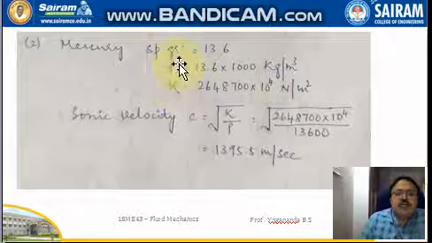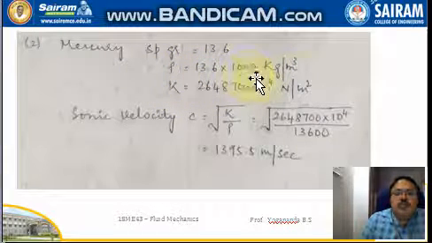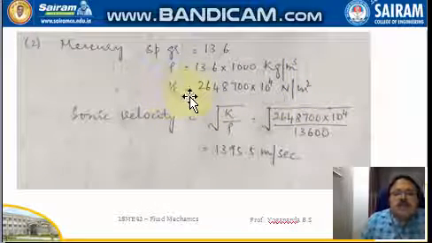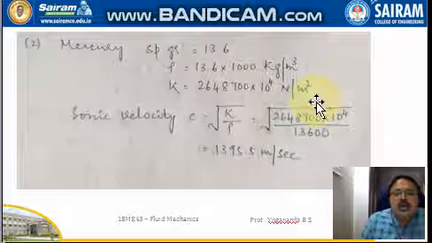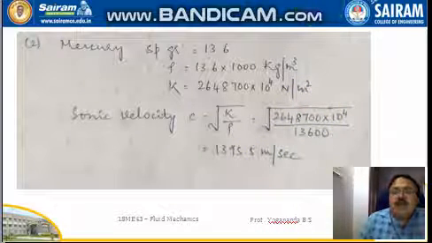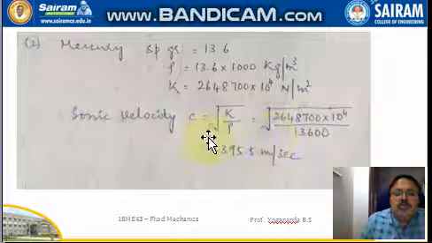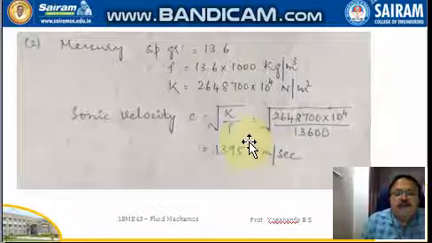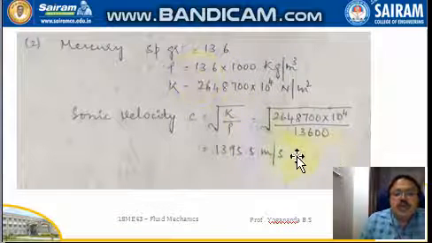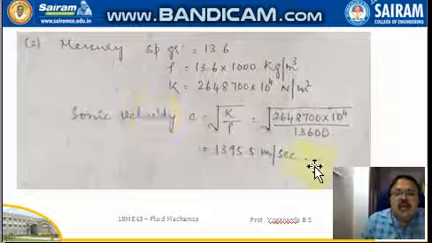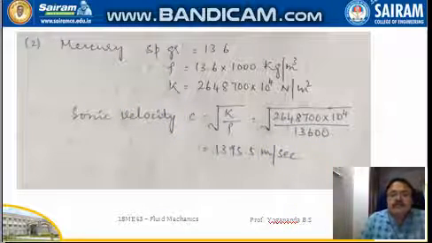So its density is 13.6 into 1000 kg per meter cube, and the bulk modulus of the mercury is given in Newton per centimeter square. If it is given, convert it into Newton per meter square. Now the sonic velocity equation is square root of K by rho, substituting rho and K. So we get the velocity of the mercury flow in meter per second.